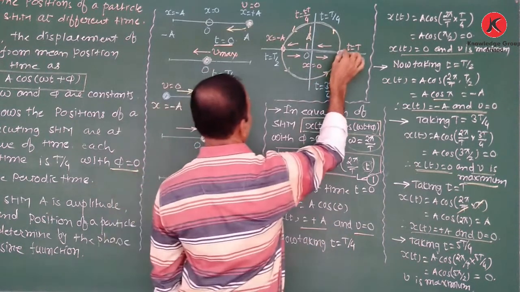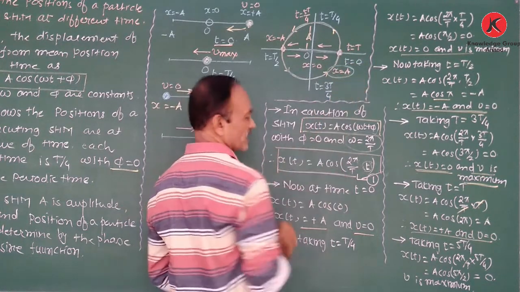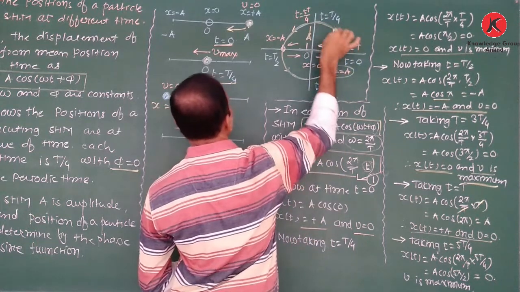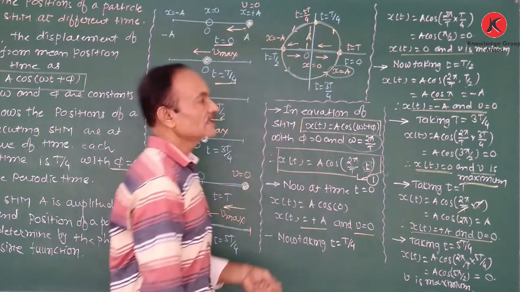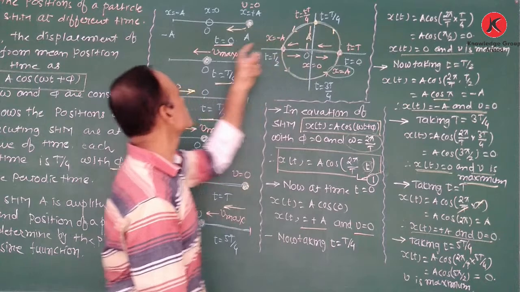Initially, at time t equal to 0, the particle is here, so x is equal to A. Now, in T by 4 time, the particle performing the circular motion is at this point, so its projection on the x-axis is at point 0, this point.